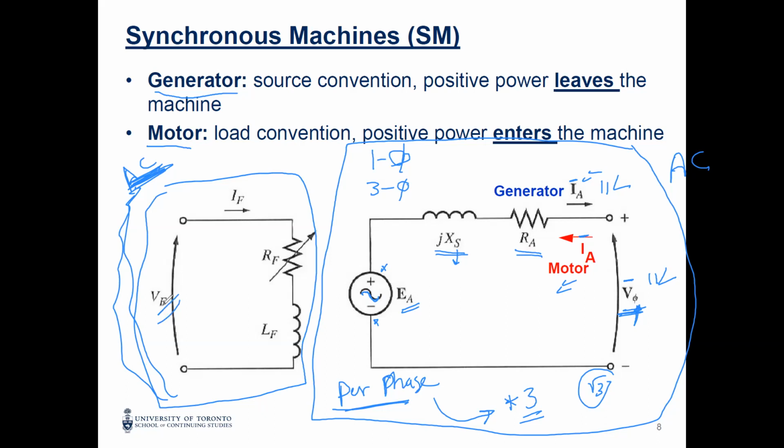This one is a DC source. We only use it for the field or excitation, okay? We are not using it for the AC part. The AC part is like an AC machine. DC source here only for the excitation.